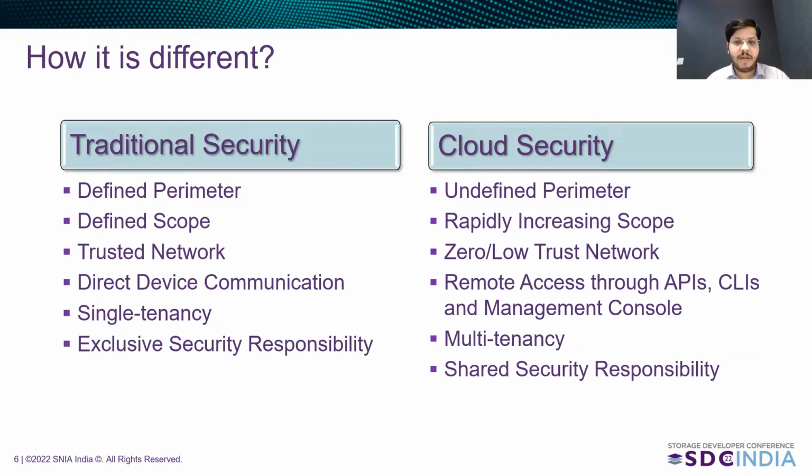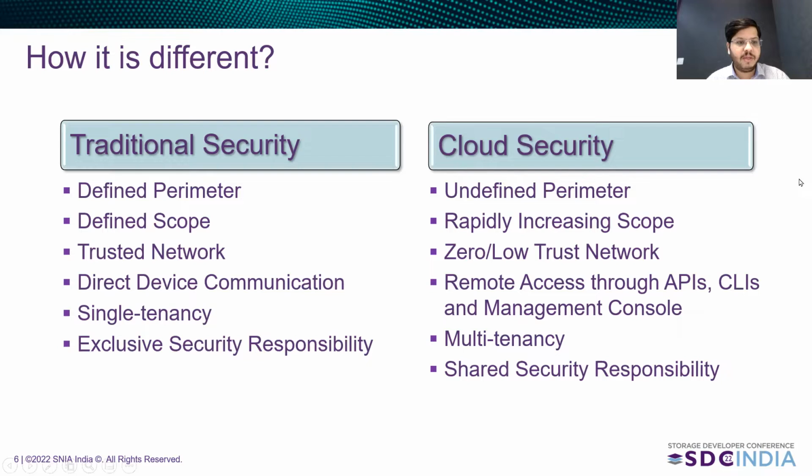Inside that perimeter, we have a highly trusted network, direct device communication, single tenancy and exclusive security responsibility. Outside of this perimeter, we have a low trusted network.